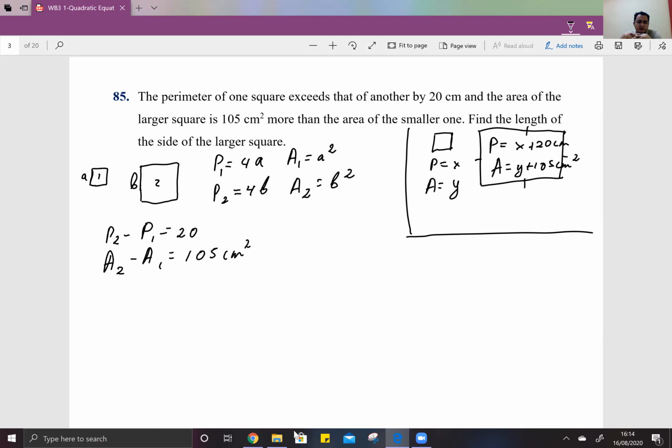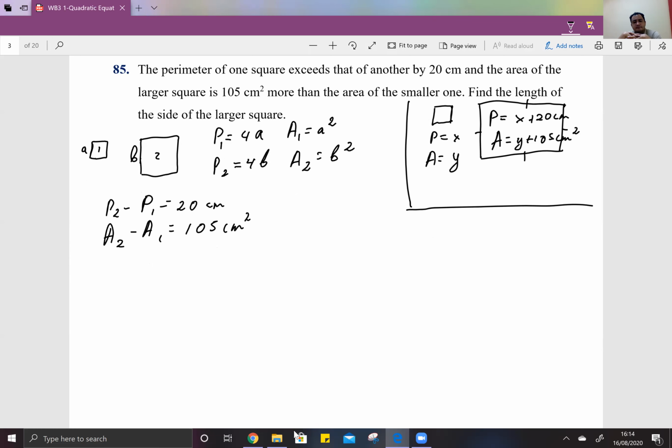Now let's substitute the values. You don't have to write the units in the equations. Now we can substitute. What is P2?